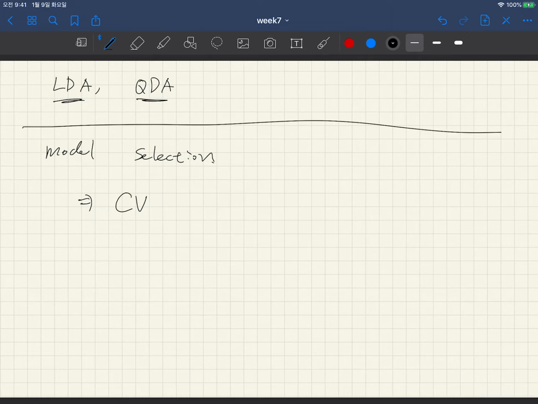We can use it for choosing QDA or LDA, or to choose a support vector machine or some other very complicated model that we will discuss later in this class. So we can use cross-validation in many situations. Remember, cross-validation is a very powerful approach to select a very nice model.